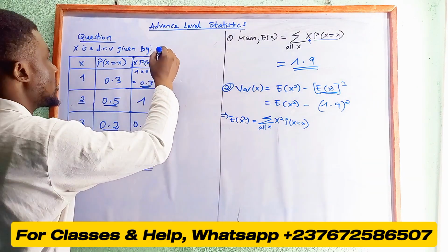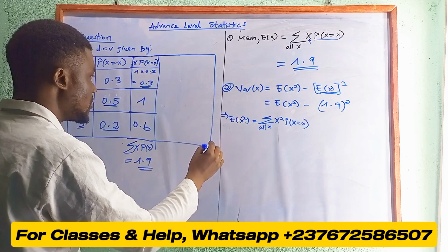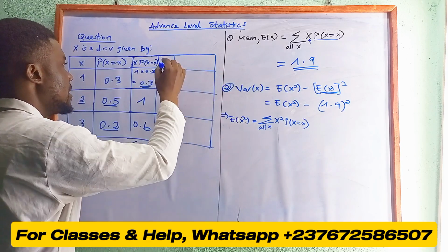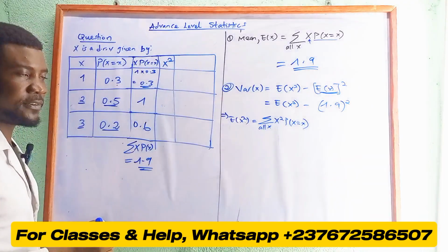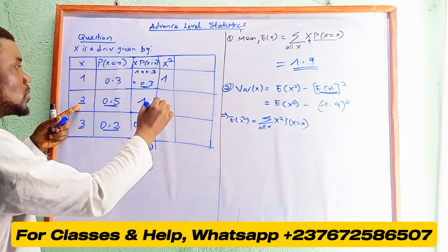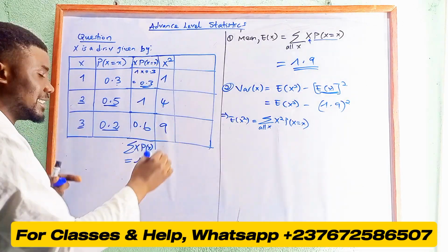Again, we are going to do so on the probability distribution table. So here, let me first of all square each value. X squared: when I square 1, I have 1. When we square 2, we have 4. When we square 3, we have 9.